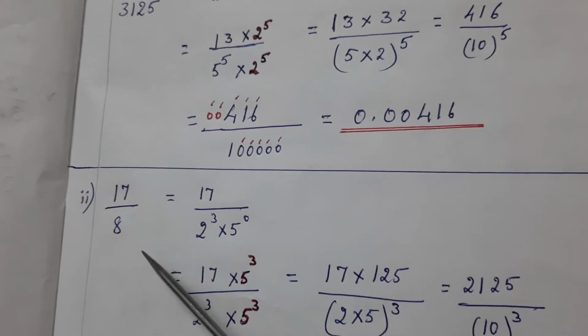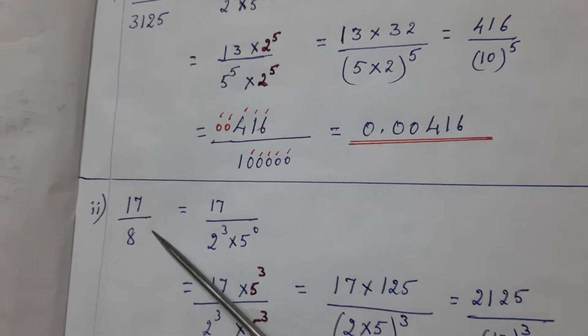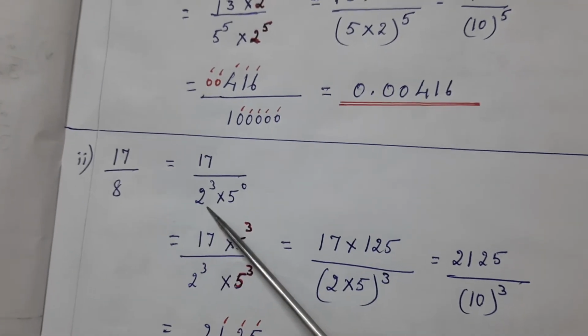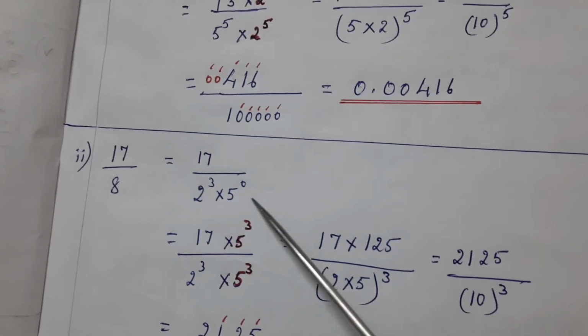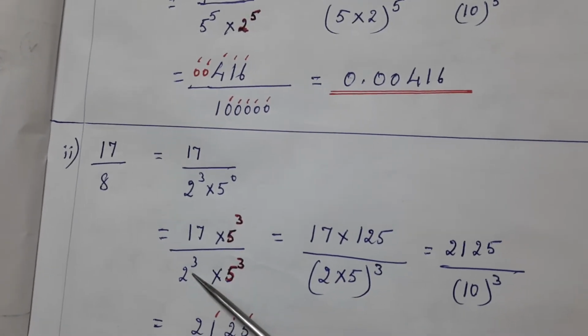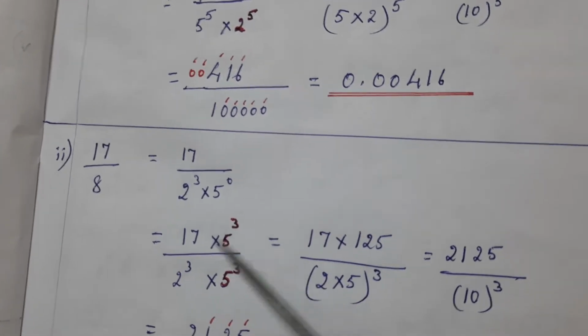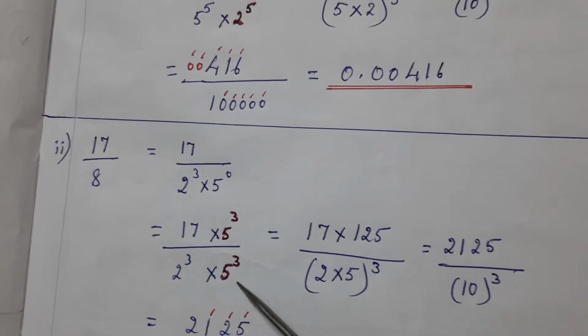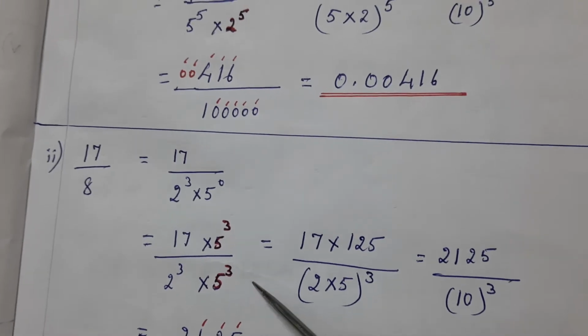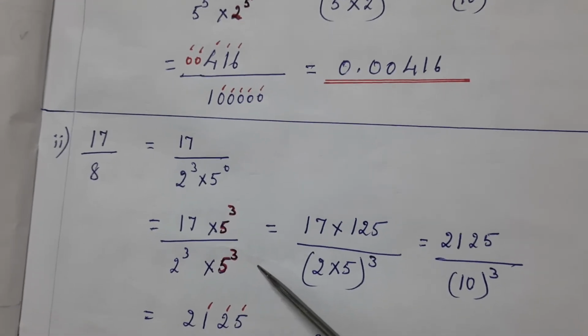The next question is 17 by 8. This also we have found is a terminating decimal expansion. We have 2 power 3, and in order to make the denominator 2 and 5, I put 5 power 0. Now I am writing 17 by 2 power 3. As I told you, to make it 10, 100, 1000, I have to multiply by 5 power 3. Because it is a terminating decimal expansion, you know the denominator will have 2 and 5 as factors.